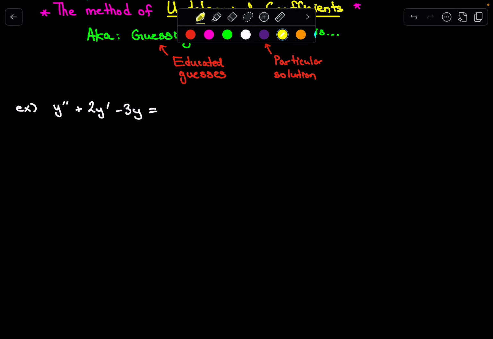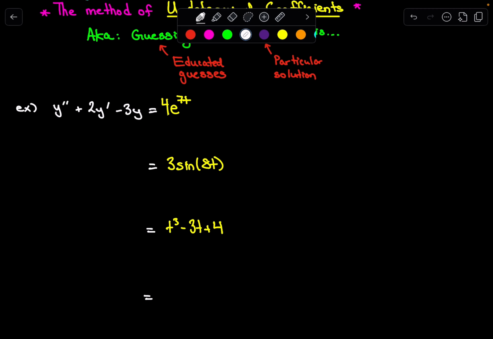What happens if I have 4e to the 7t? What happens if this equals 3 sine of 8t? What happens if this was equal to t cubed minus 3t plus 4?